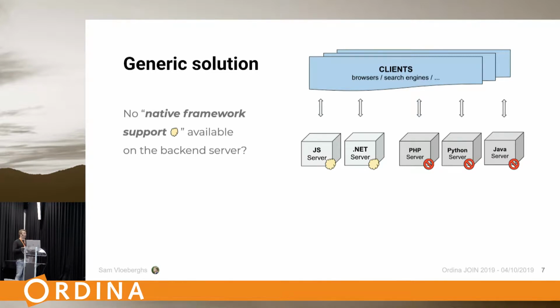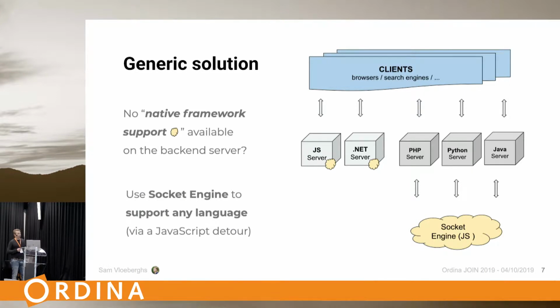So if your server has no native support for Angular Universal, like for example PHP, Python, Java, any other language or framework, you can use a tool called the socket engine to support any language. That basically means that as long as your framework, for example Java, Python framework, supports TCP connections, you can connect to a node instance, the socket engine, to generate the Angular Universal website for you.